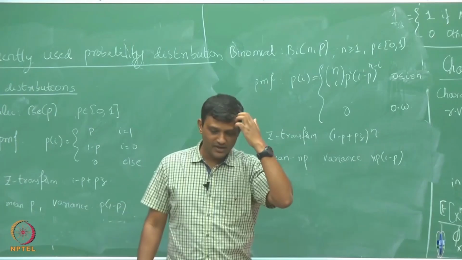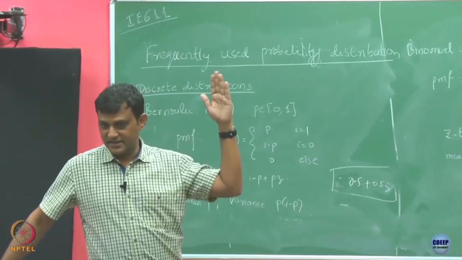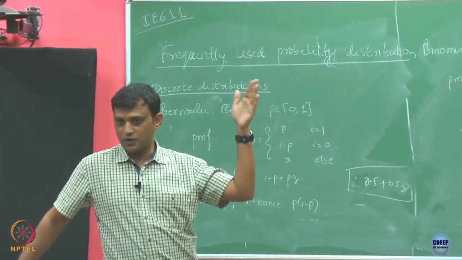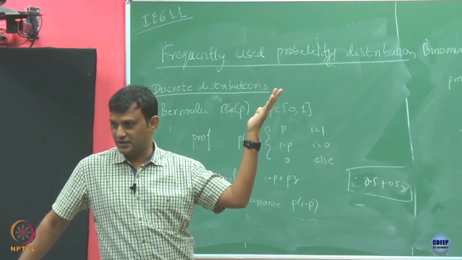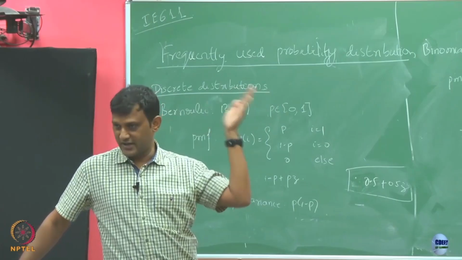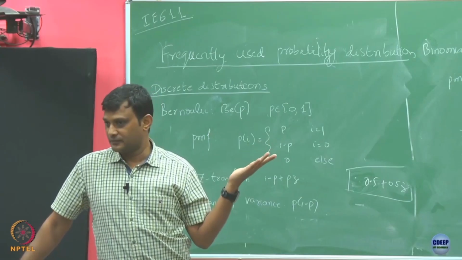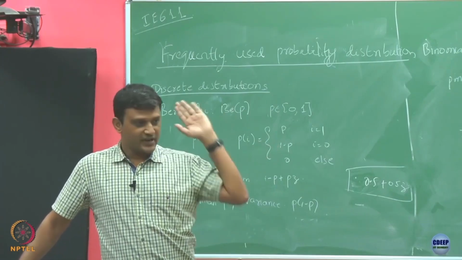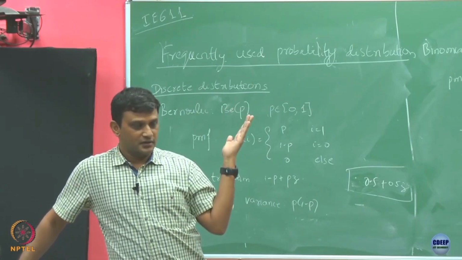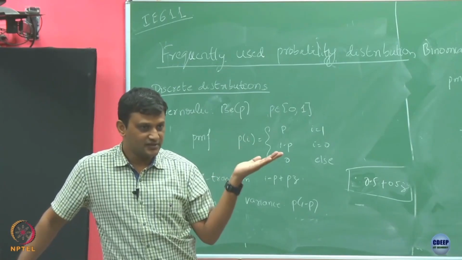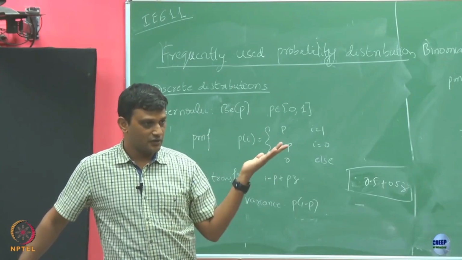Another example: let us say there is a target that you want to hit down, and you have missiles, and each missile has some probability p of hitting the target. What is the probability that if I fire 10 missiles, 3 are going to hit the target, or 5 are going to hit the target?